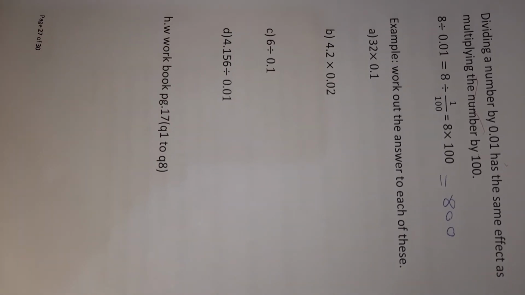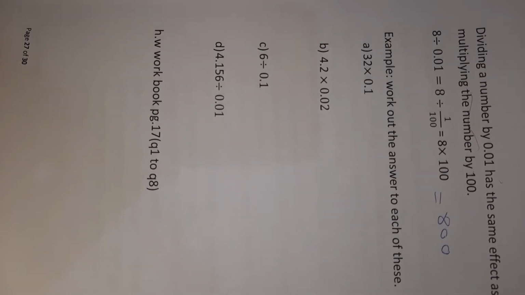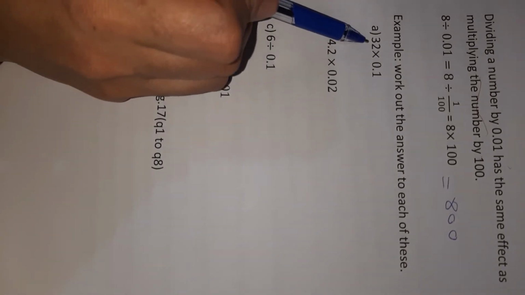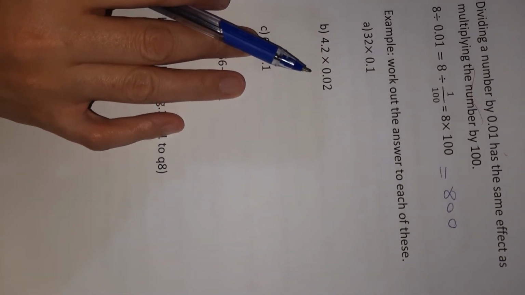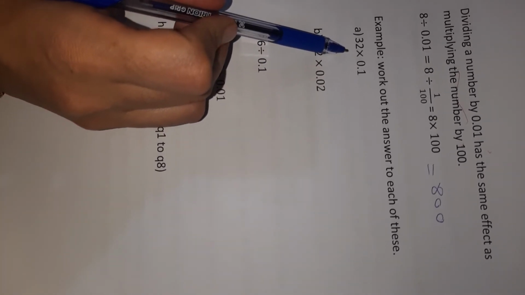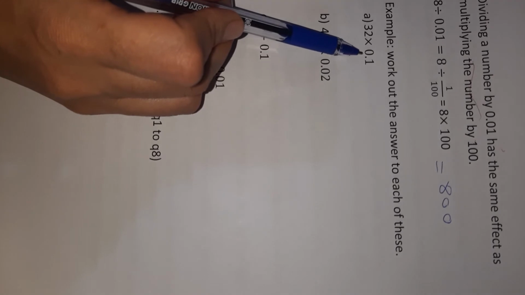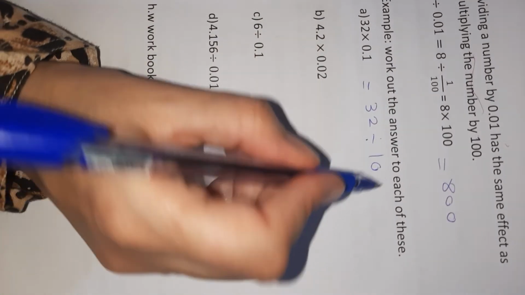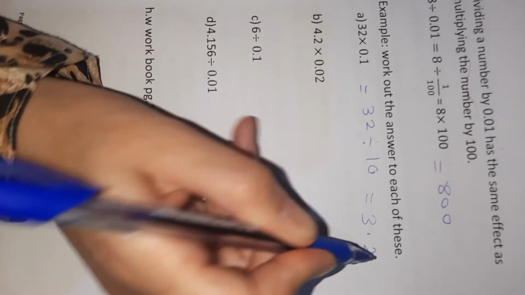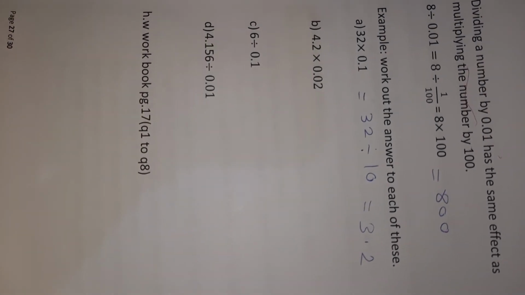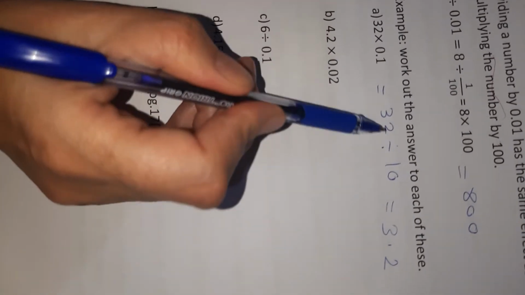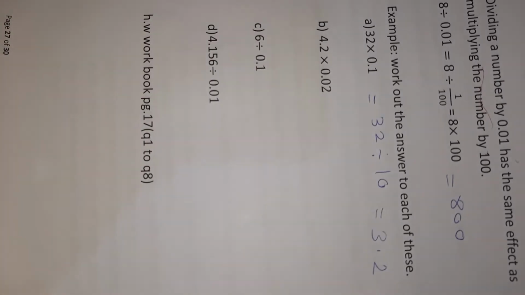Now, example: work out the answer to each of these. The first one, 32 times 0.1. Multiplying by 0.1 is the same as dividing by 10, so 32 divided by 10 is 3.2. Move the point from right to left one place, put the point here, that's why 3.2.